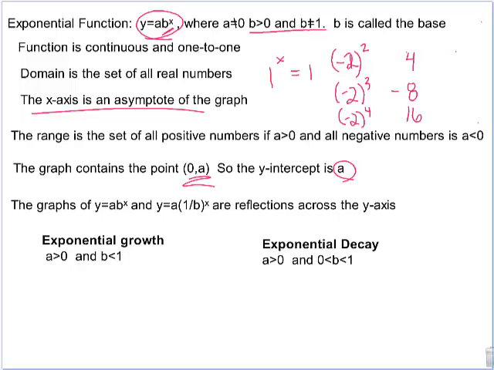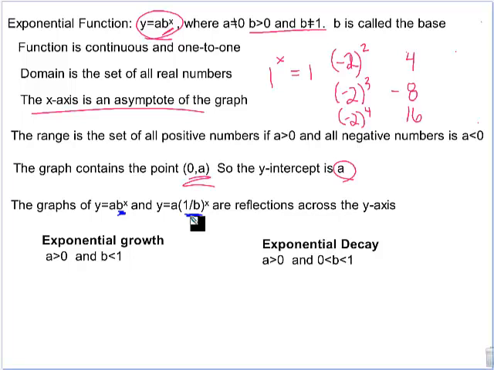And then the growth and decay. Growth, that b value here, or the graphs of y equals a b to the x and y equals a 1 over b to the x, they're reflections across the y-axis.